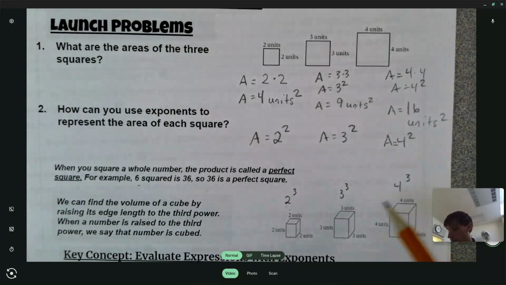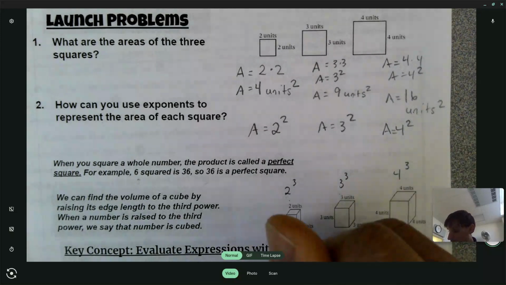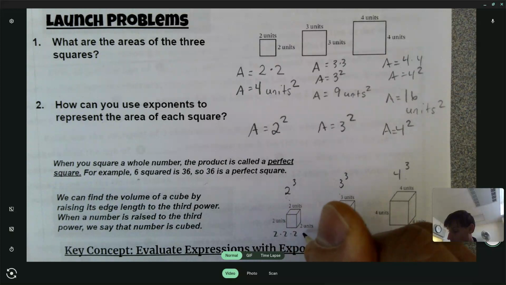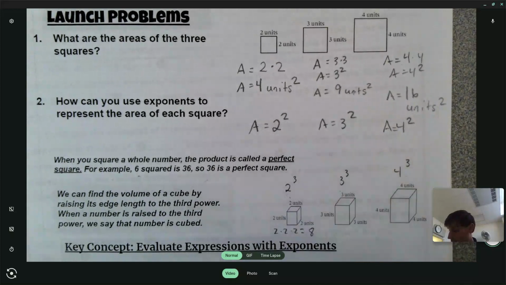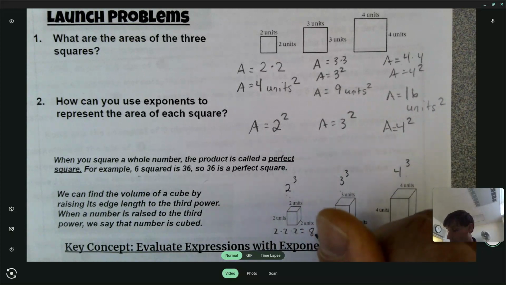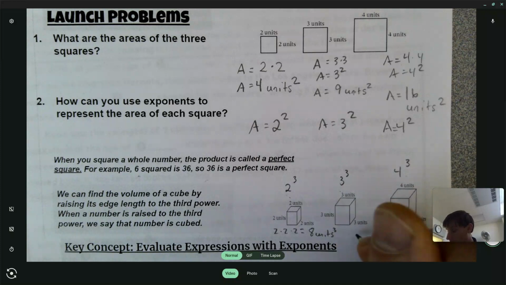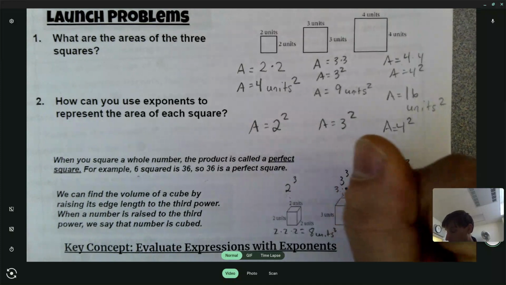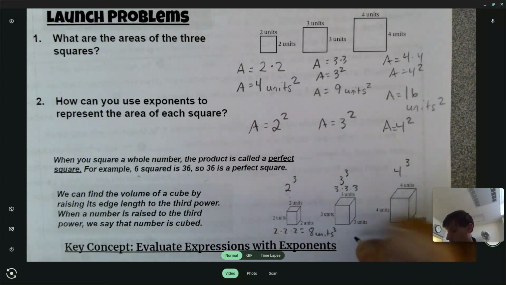If we were to multiply each of those out really quickly, 2 times 2 times 2, 2 to the third power, you know that one is 8. So that's going to be 8 units cubed. And this one, 3 times 3 times 3. 3 times 3 is 9, times 3 is 27.